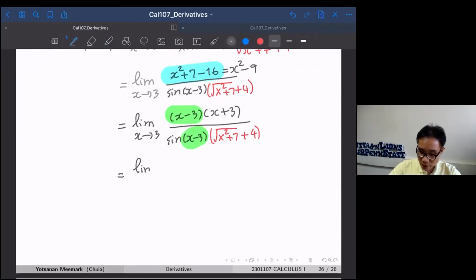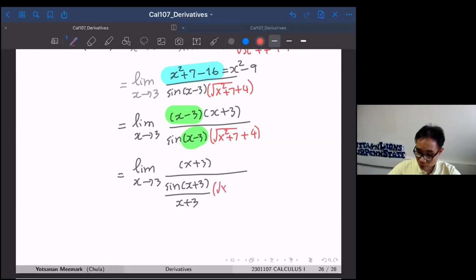You may flip: x minus 3 on top with sin of x minus 3, and you flip x plus 3 down, and you multiply with the square root of x squared plus 7 plus 4.